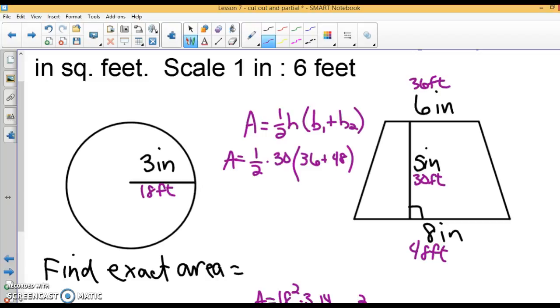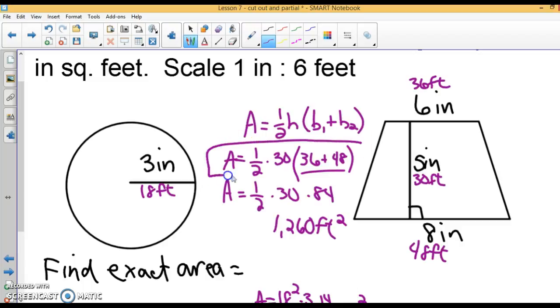When I do this, I'm going to have area equals 1/2 times 30 times 84, because I'm going to add those 2 first. And if I do this, I get 1,260 square feet. And again, you could have just typed this into your calculator exactly as it is with parentheses.